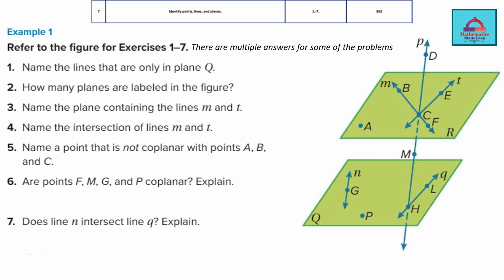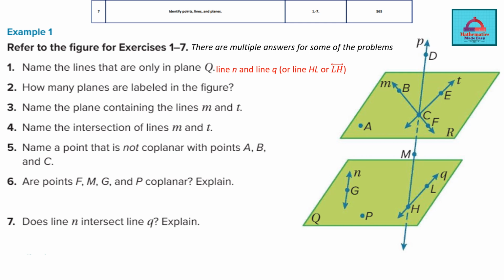So name the lines that are only in plane Q. So when I say plane Q, it means this plane, the bottom plane, the green plane. So in this plane, what all lines do you see? You see line N. Remember, a line is both sided, and you see line Q. So therefore the answer is line N and line Q. You can also name it as line HL or LH. That is also going to be a correct answer.